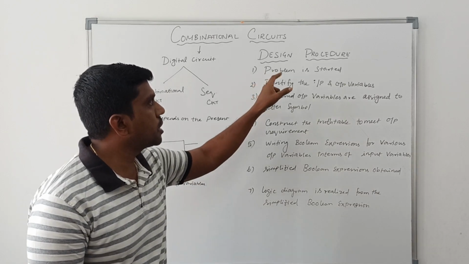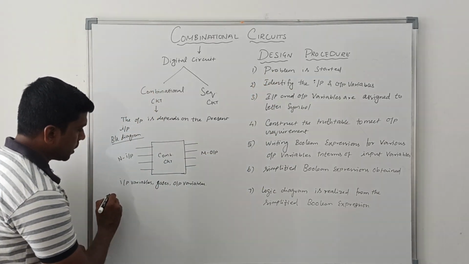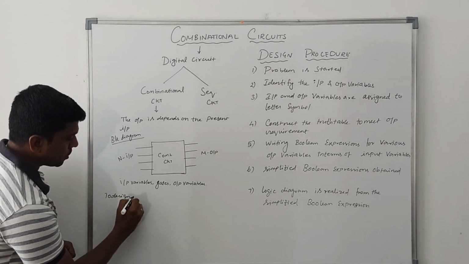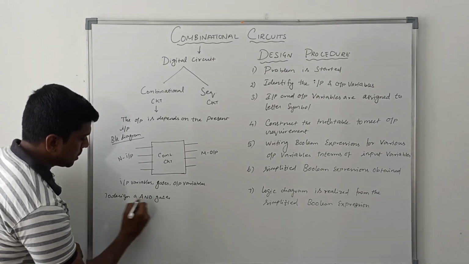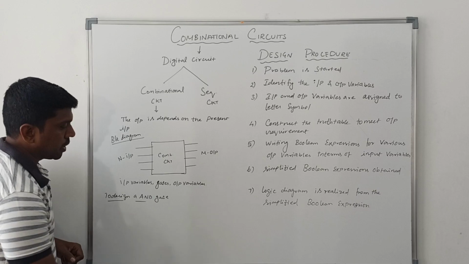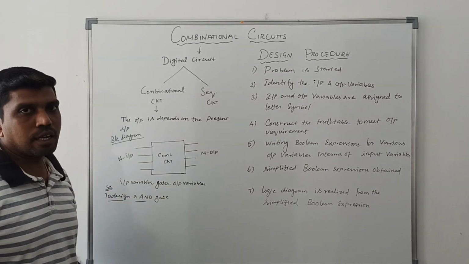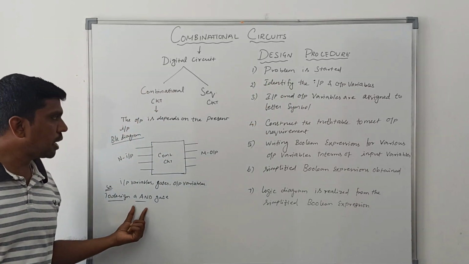Then come to the design procedure of a combinational circuit. Let me consider designing an AND gate, a small example. First step, the problem is stated: design the AND gate.